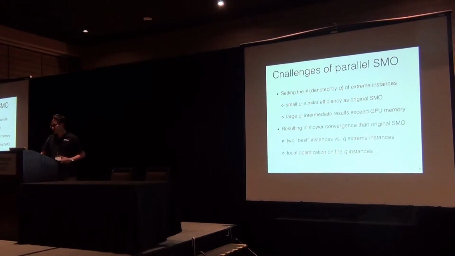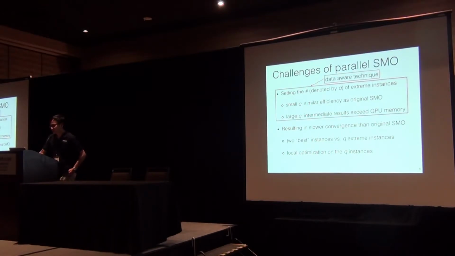And the second challenge is that we may end up having local optimization problems, because now we are considering a batch of instances, and it's likely that we could get stuck in a local optimum. Intuitively, we may not be moving in the right direction. So in the end, we may have a slower algorithm.